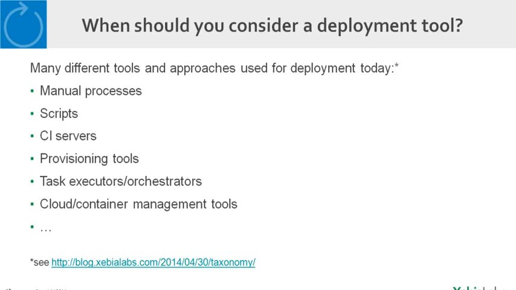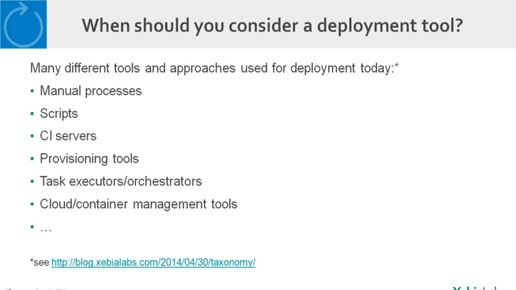So there's a list here. It's by no means exhaustive. I think we had an entire other webinar about this topic, trying to put together a bit of a taxonomy for this entire tool space. But some of the ones that come up really frequently are, of course, things like, well, I'm doing this in Jenkins, or I'm doing this in Bamboo, or I'm doing this with Puppet or Chef, and of course the messaging in that area is very encouraging in terms of asking you to try to do application deployment in a provisioning tool.